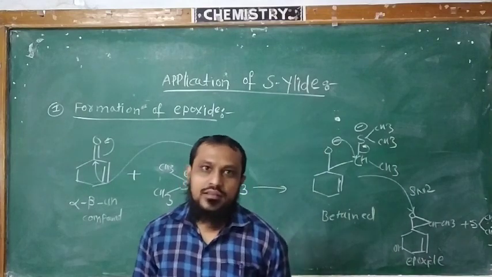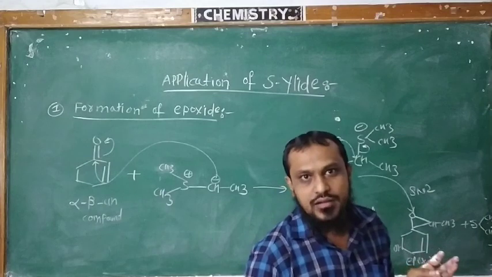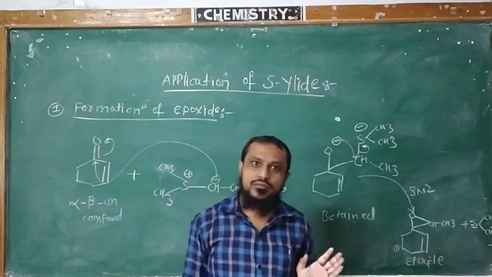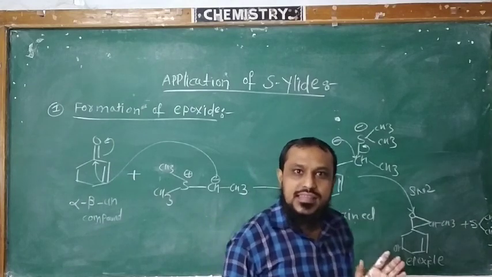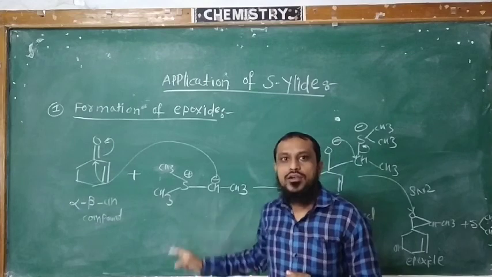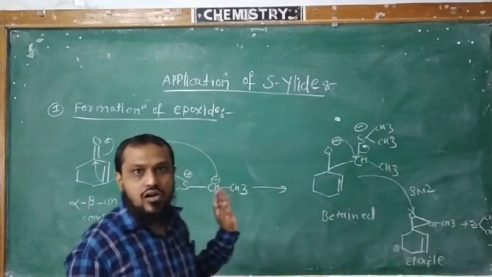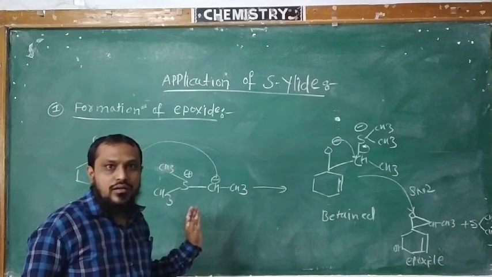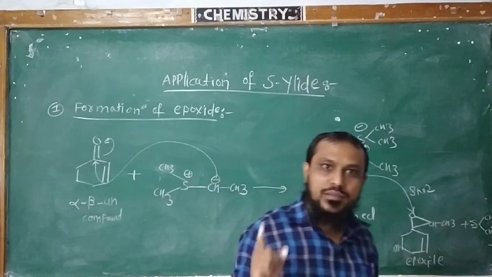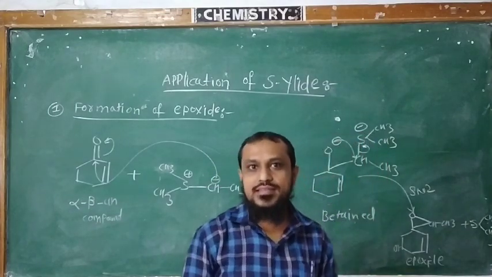Okay, now listen, if the substrate is a simple carbonyl compound as well as an alpha beta unsaturated compound, it reacts with unstabilized sulfur ylide to form epoxide. Okay, so this is all about the preparation of epoxide and the first application of sulfur ylide. I hope you will understand better.